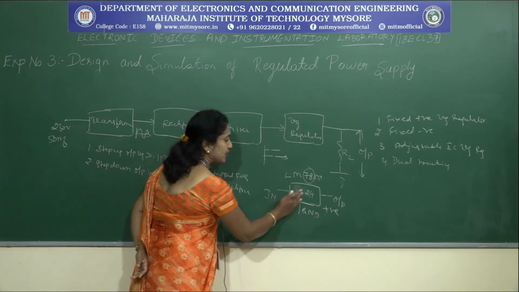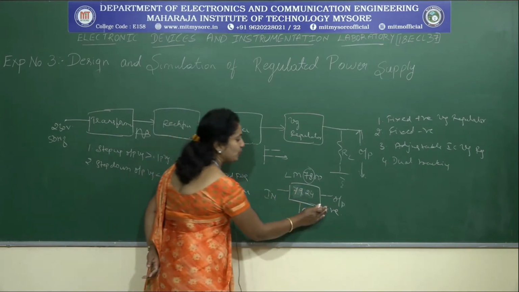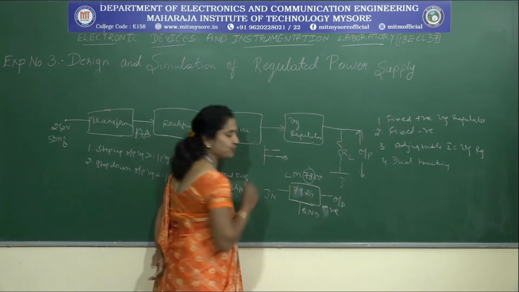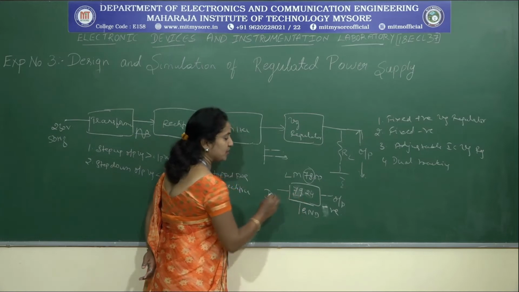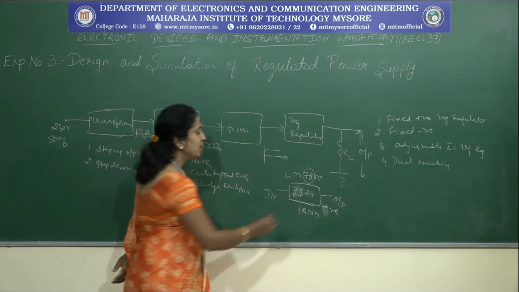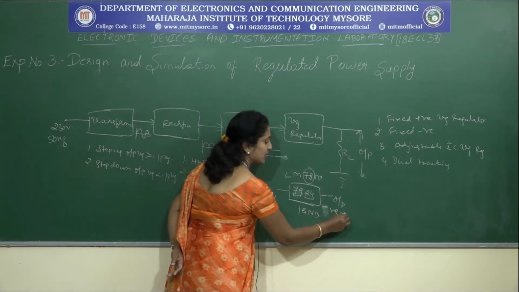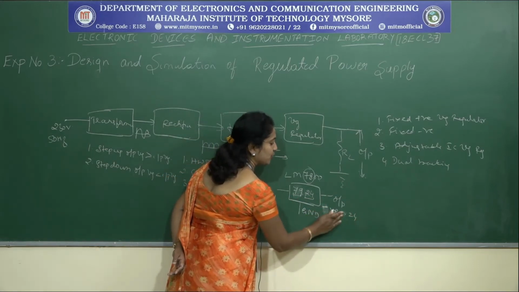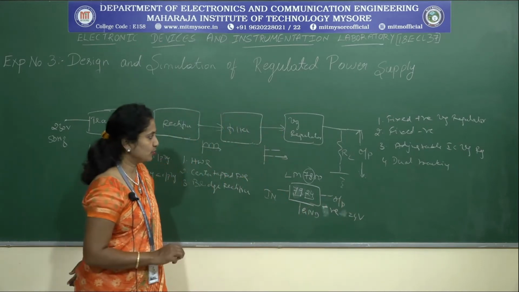Instead of the 78 series, you will have the 79 series, and the output voltage will be negative. The first 2 digits represent the negative supply and the last 2 digits represent the voltage level. So this will be negative 24 volts available at the output.